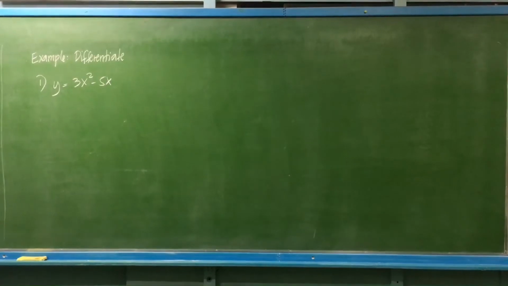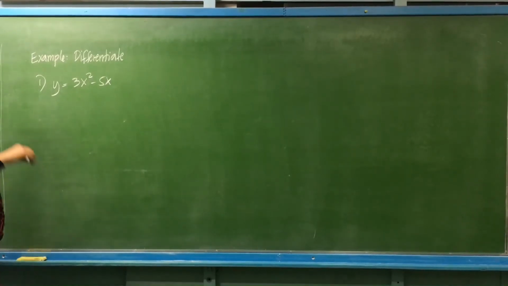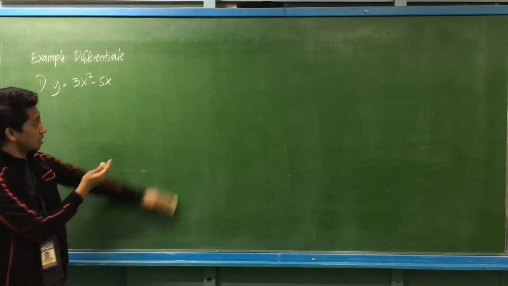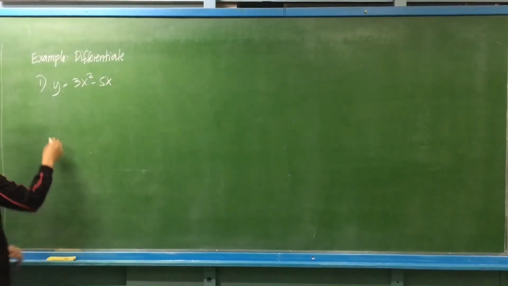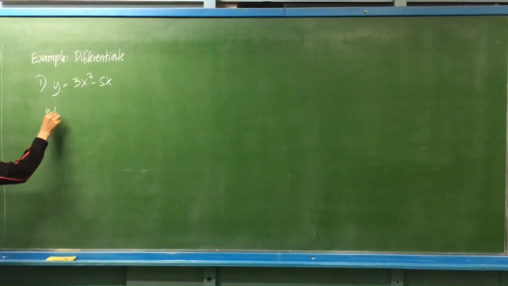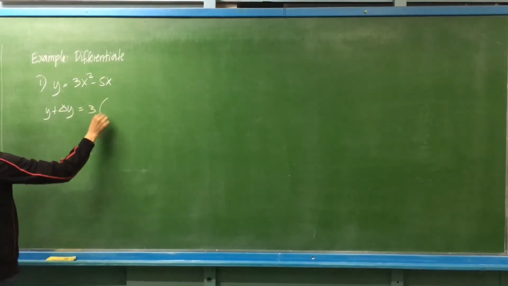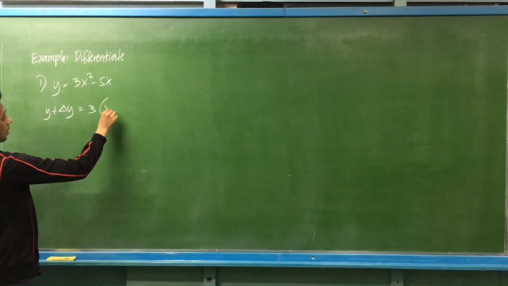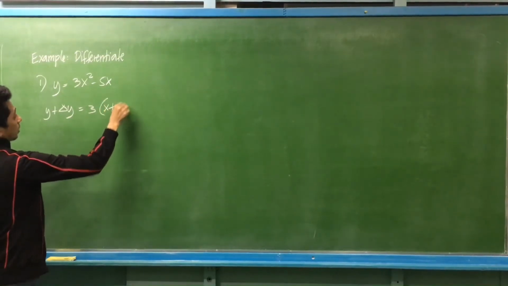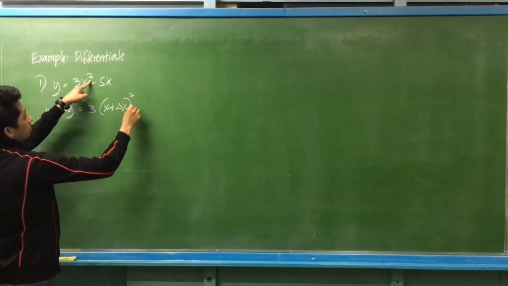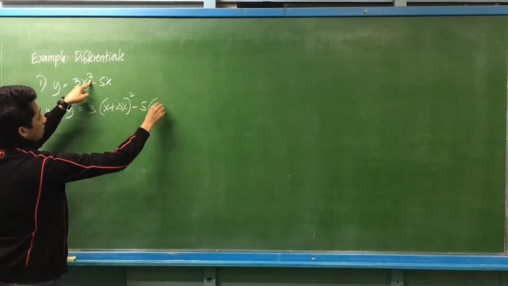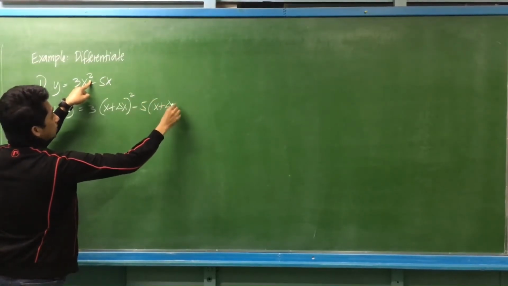Okay, so let's have an example. Differentiate the function y is equal to 3x squared minus 5x. If we just follow the procedure, a while ago we have y plus delta y is equal to 3 times x plus delta x squared, minus 5 times x plus delta x.